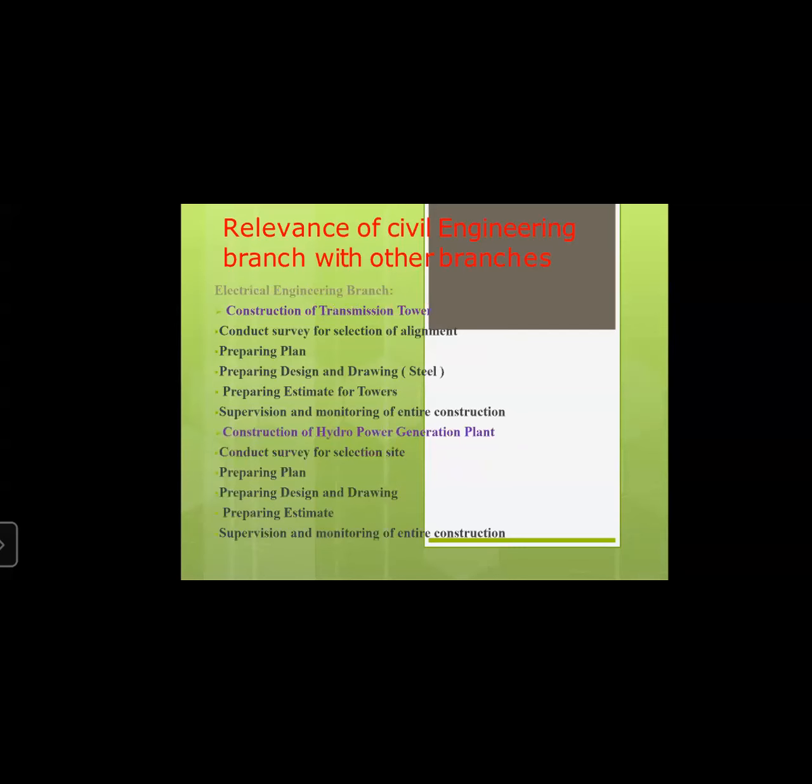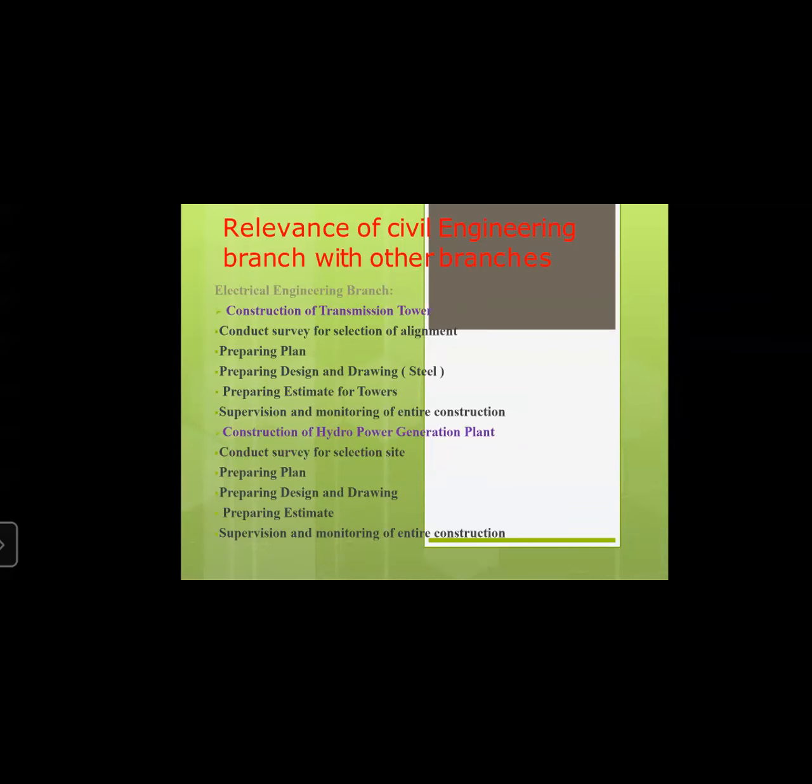Then, if we say civil engineering branch is correlated with an electrical engineering branch, so at this point, whatever type of engineering branch you are going to consider, in each and every type of engineering branch some kind of structures are required.